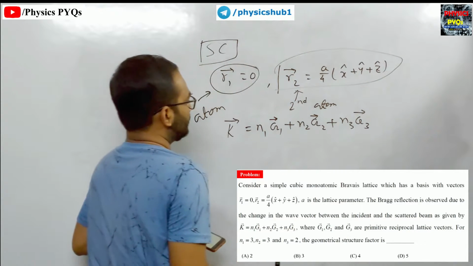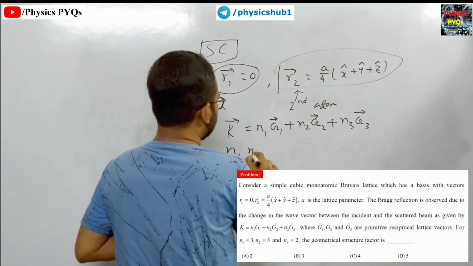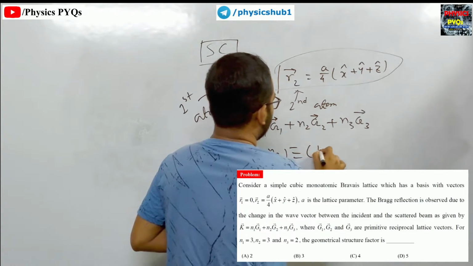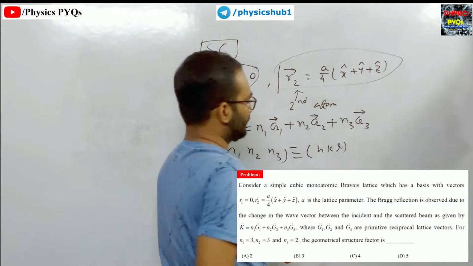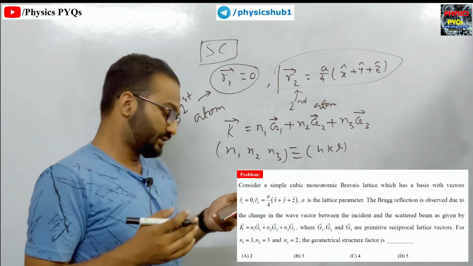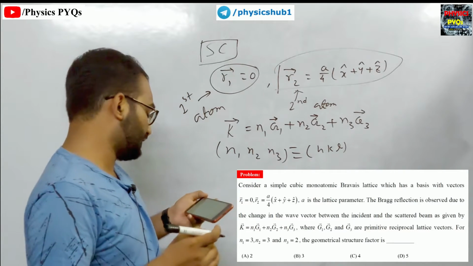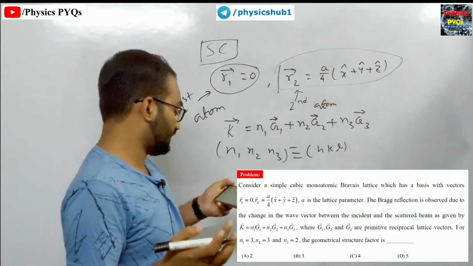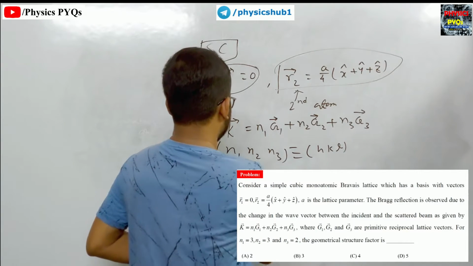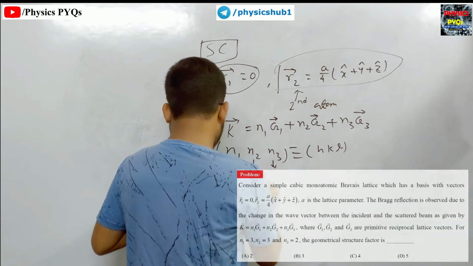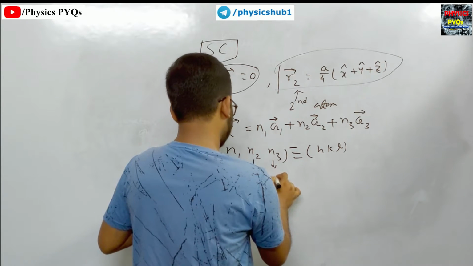Here you see these n1, n2, n3 are equivalent to h, k, l values, so we can easily put them into the formula. G1, G2, G3 are the primitive reciprocal lattice vectors. For n1 equals 3, n2 equals 3 and n3 equals 2, what will be the value of the geometrical structure factor?